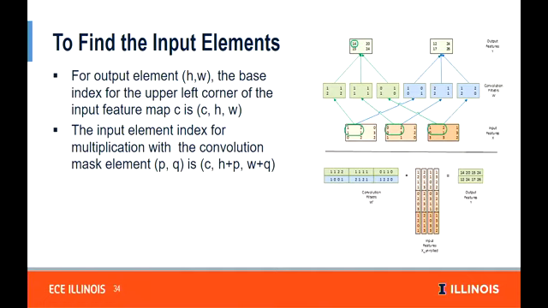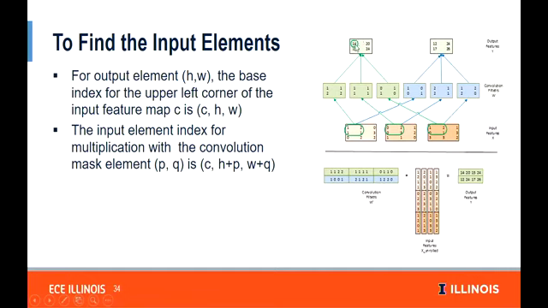And that determines the section. Then inside the section, I have the H and W index linearized to give me the element that should be there. H and W gives me the upper left corner element index that I need, and I use C to select one of those.